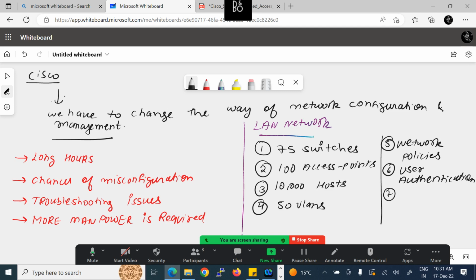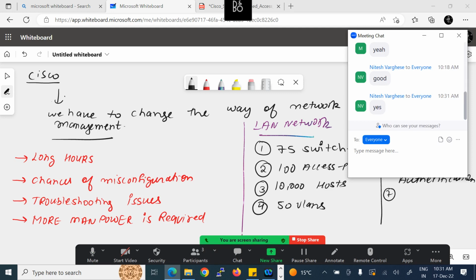If I start counting, there are hundreds of things you have to take care of in a network. So more manpower is also required for that.